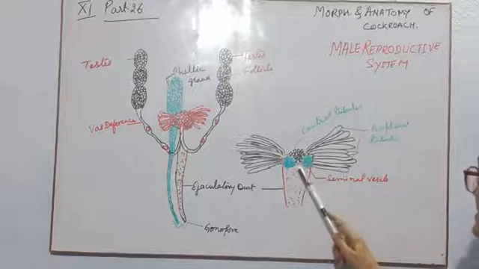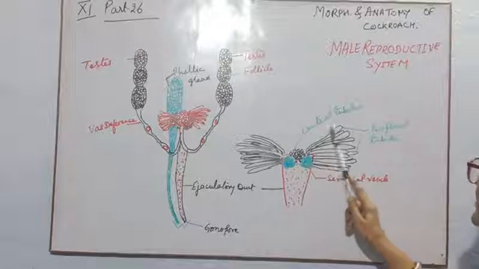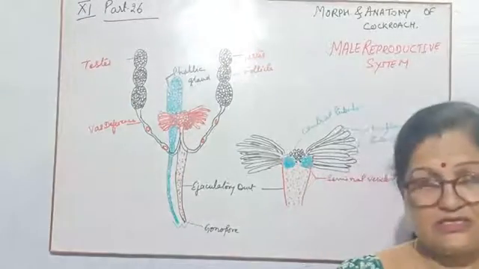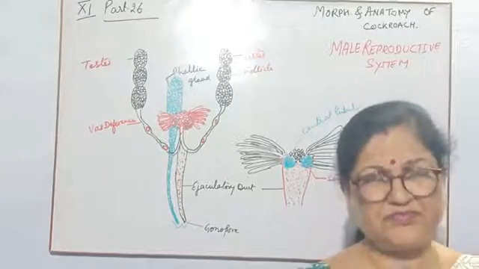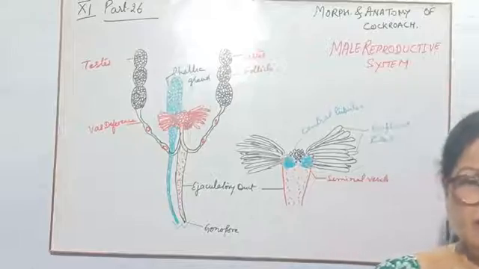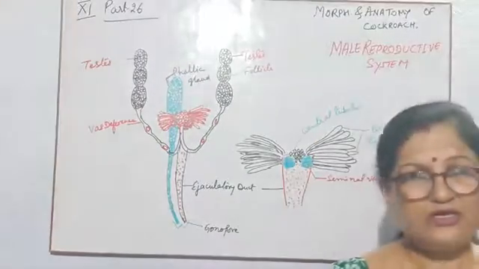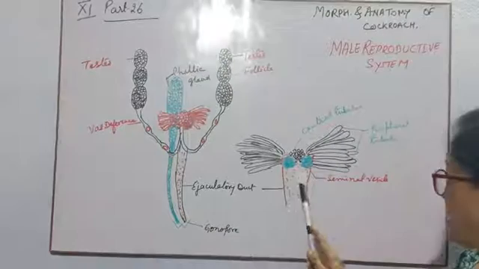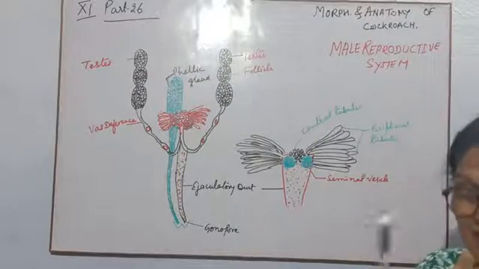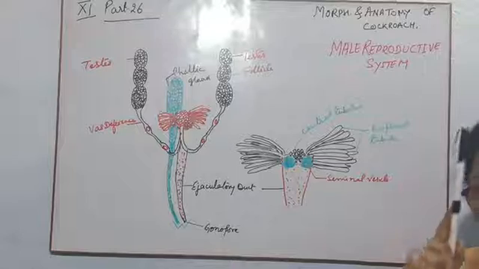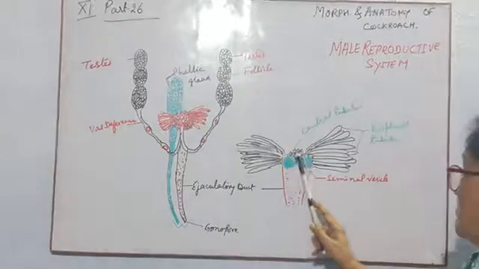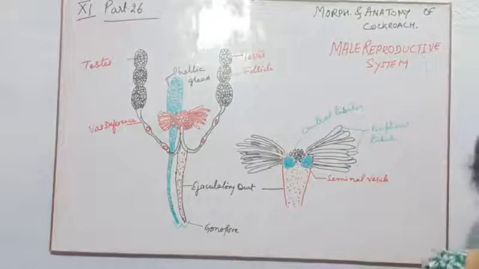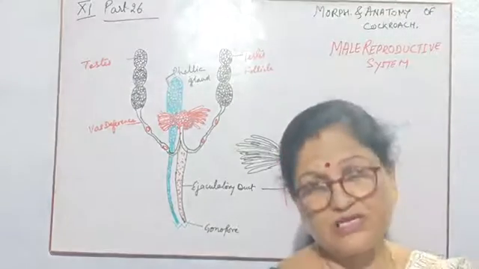Then the next one is the central tubule. Children, its name is given central tubule. Central means in between. These are a little bit globular in structure, not the finger-like structure, and they are present at the mid section, in the median way, and these are a little bit bulbous in structure.